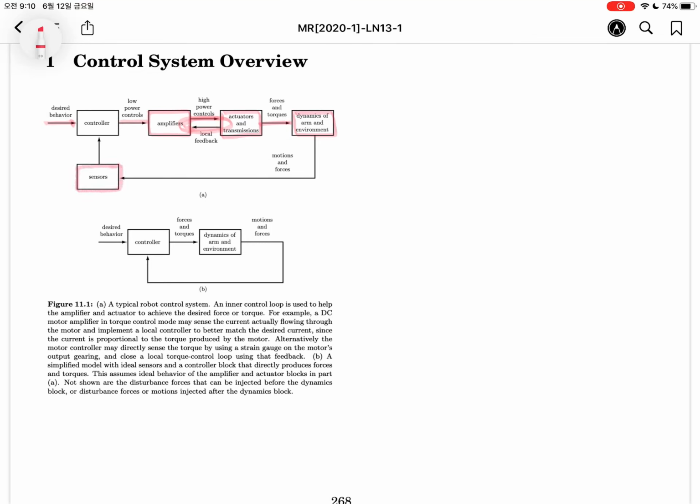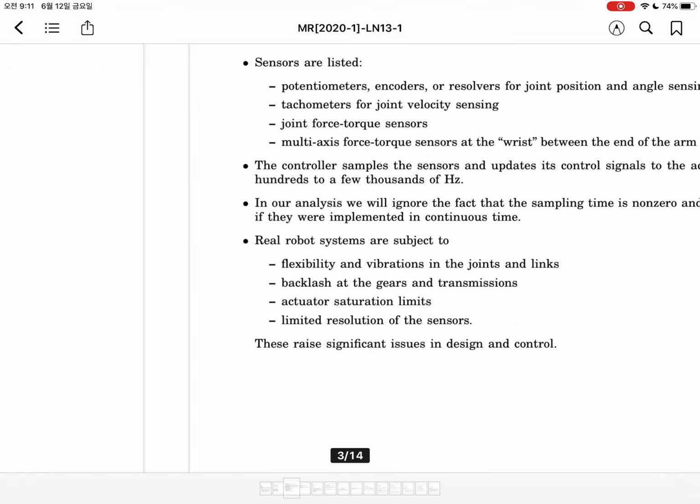And we use the sensor to capture what happens in the robot and the environment. So the motion and the force will be measured, and then fed back to the control. This is the overall procedure of the control system. So here, we will deal with control theory.